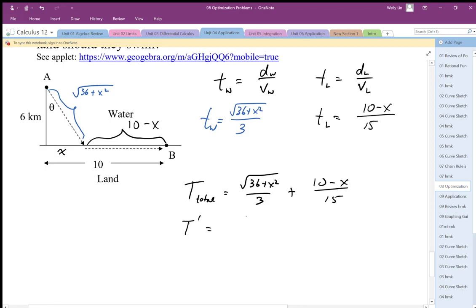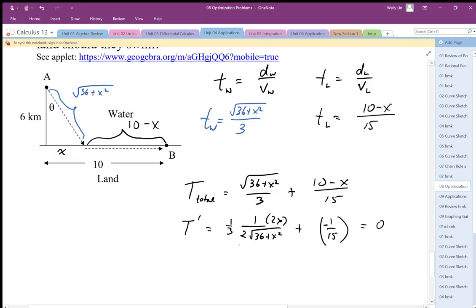I get 1/3 times 1 over 2 square root of 36 plus x squared times 2x using the chain rule. The 10 over 15 is a constant, which is 0. Then I differentiate negative 1 over 15 times x, so the slope is negative 1 over 15. I want to find when that's equal to 0.